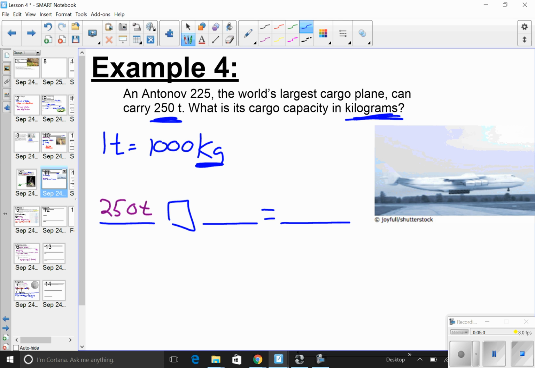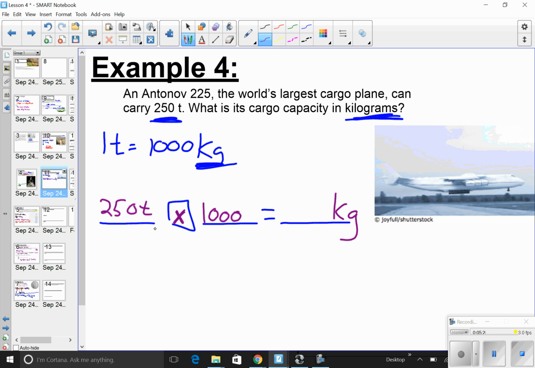Make sure you don't make that same mistake. So our second number is from our formula, which is 1,000. And I'm trying to change this into kilograms. Since I'm switching to a smaller unit, because a ton is bigger than a kilogram, I need to multiply. When you switch to a smaller unit, your numbers got to get bigger.